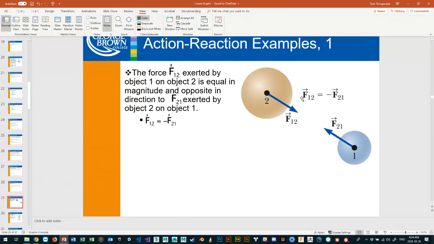And you can see that you take the first one, F12, and subtract it from the second one, and they basically equate to 0. In fact, when you add them together, F12 plus F21, they produce 0 force together. Those two things equate to 0 because they have equal and opposite reactions.